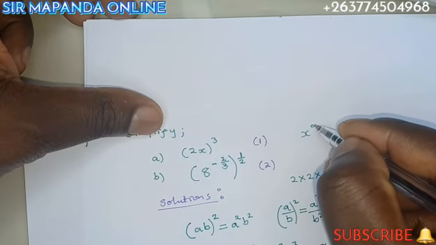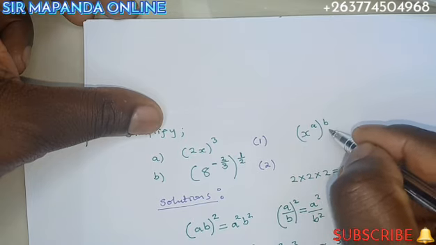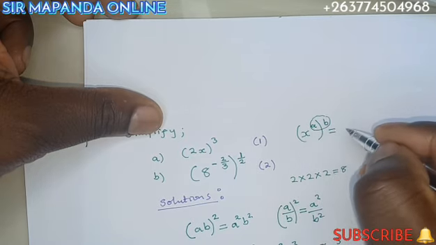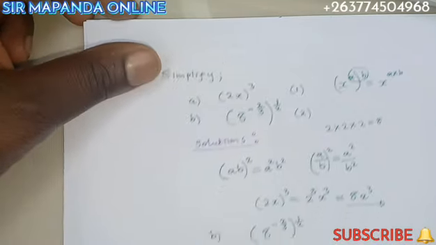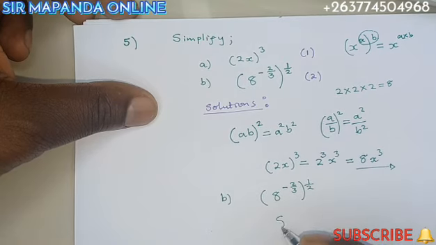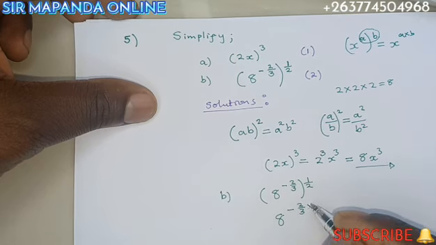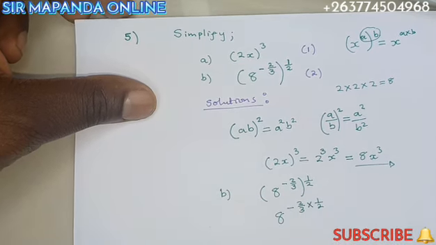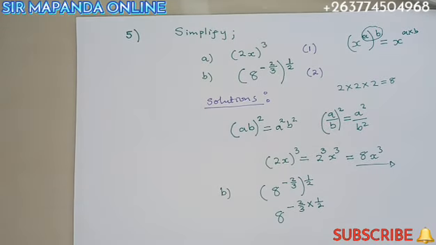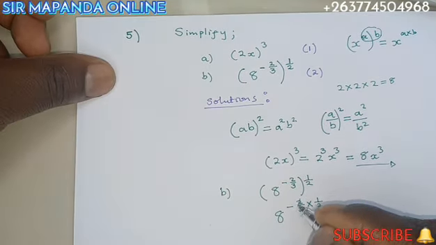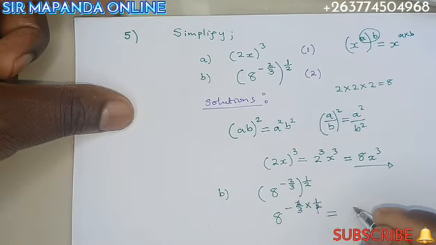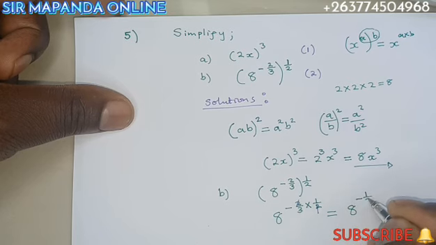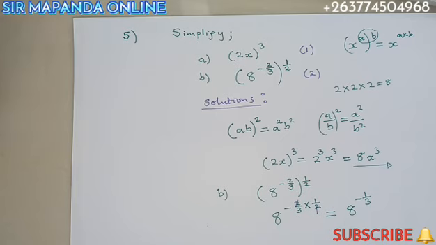It says when we have x to the power of a raised to b, these two powers multiply each other, so you do a times b. So in this case, 8 to the power of minus 2 over 3 times 1 over 2 to simplify the two powers. Then you notice that the 2 and 2 cancel off each other, and you are left with 8 to the power of minus 1/3.